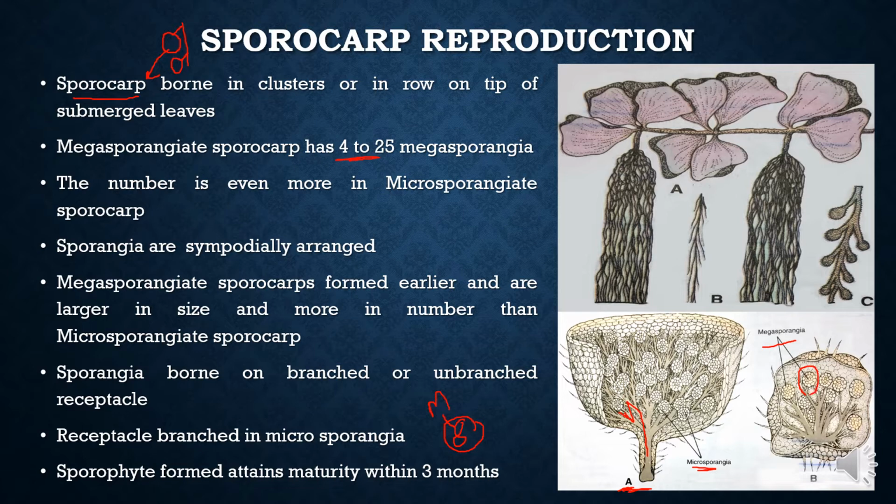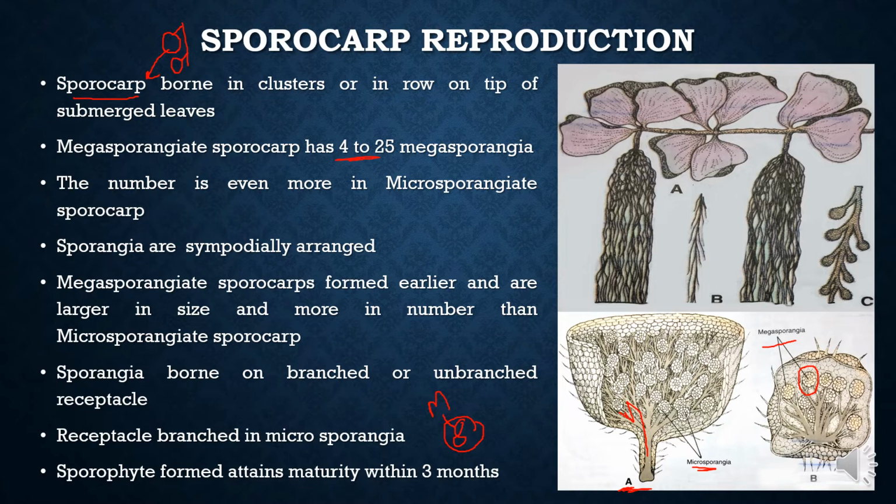So again, the megasporangium is composed of a 2 to 3 layered wall. Each of these megasporangia consists of a 2 to 3 layered outer wall.